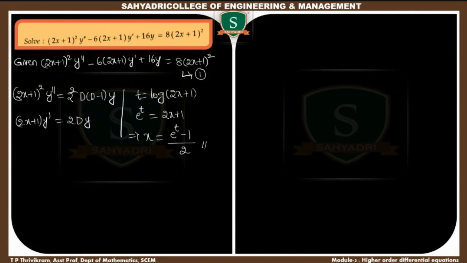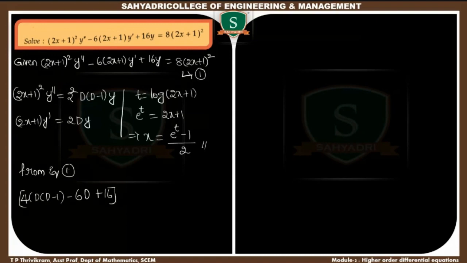From equation 1, substitute this. We'll get 4 into D (D minus 1), next minus 6 D plus 16, into y is equal to 8 into (2x plus 1). 2x plus 1 is nothing but e power t, so (e power t) whole square.